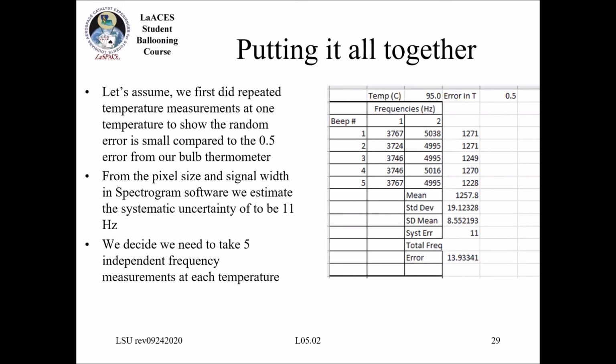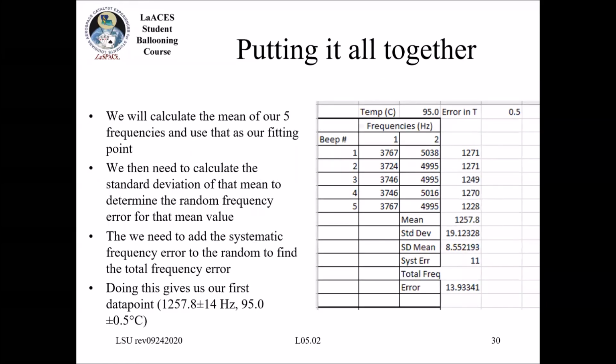So I then decide to make 5 independent frequency measurements. So basically 5 different beeps. I looked at the first harmonic and the second harmonic, and I calculated the difference between them. The difference between those is your fundamental frequency. We do the same thing like we did in the standard deviation example. I calculate the mean and the standard deviation, and then the standard deviation of the mean.